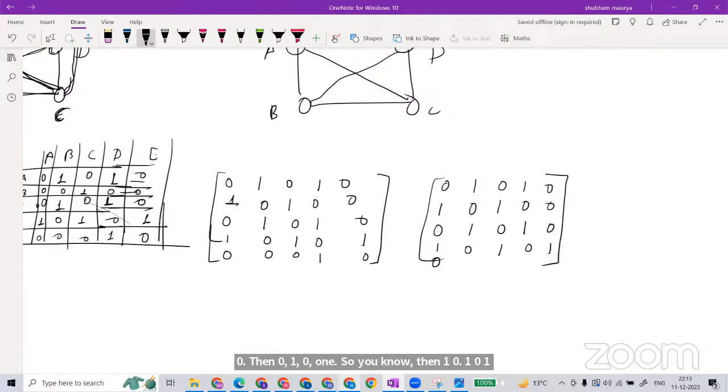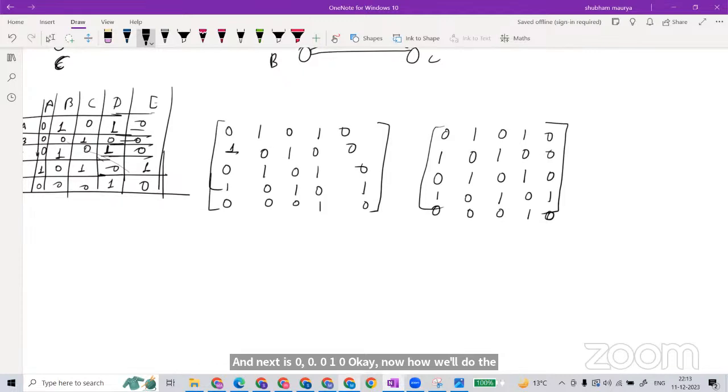And next is 0, 0, 0, 1, 0. Okay. Now, how will we do the matrix multiplication here?